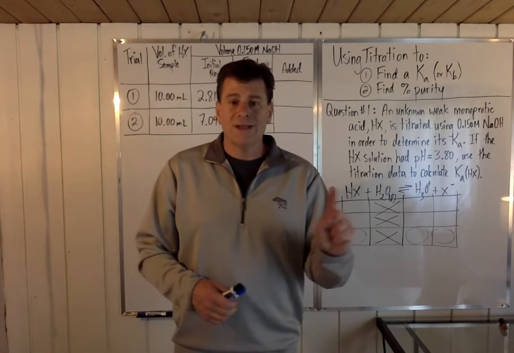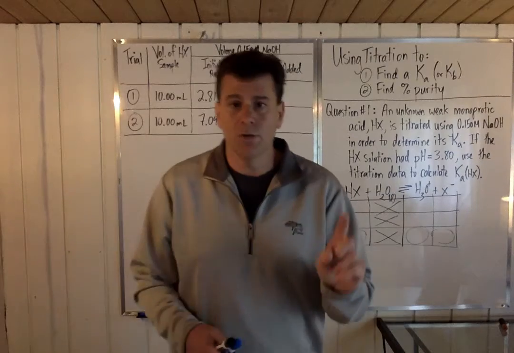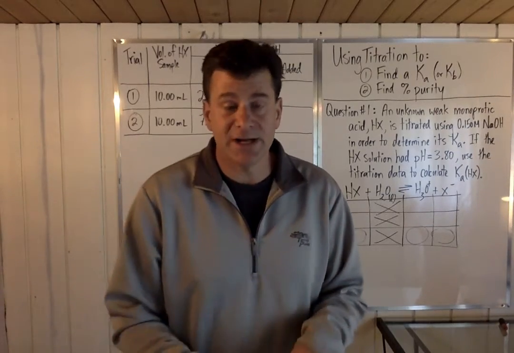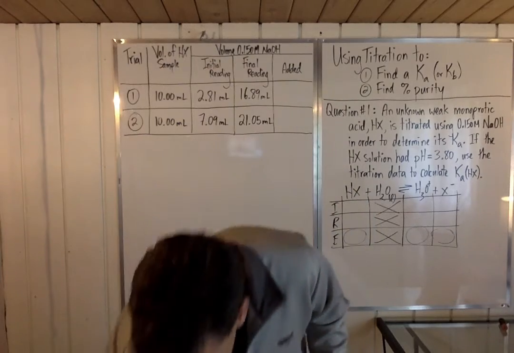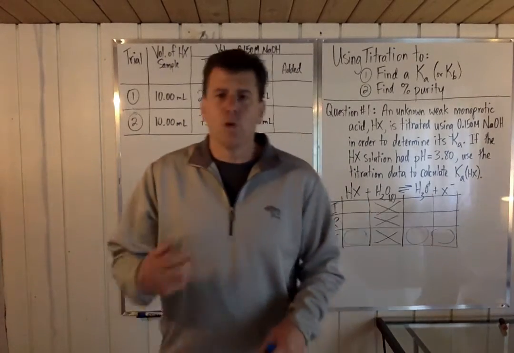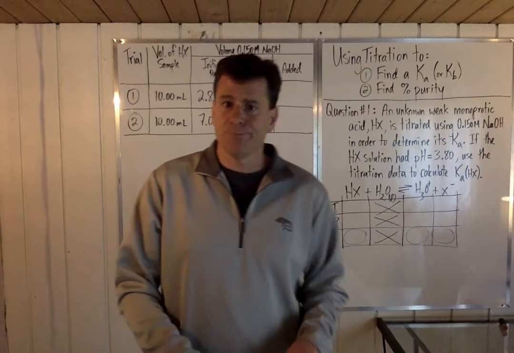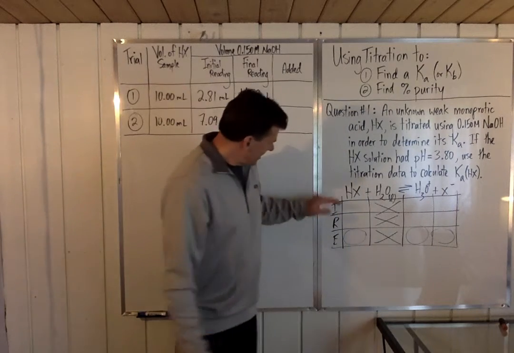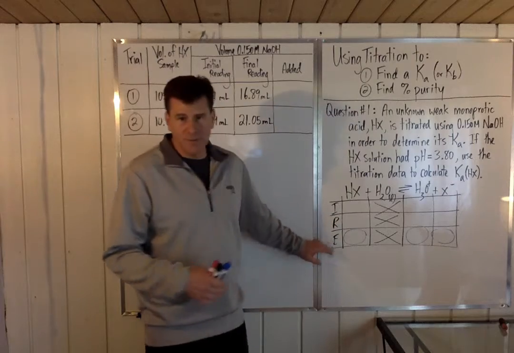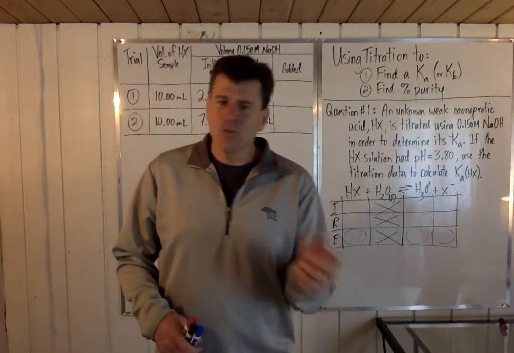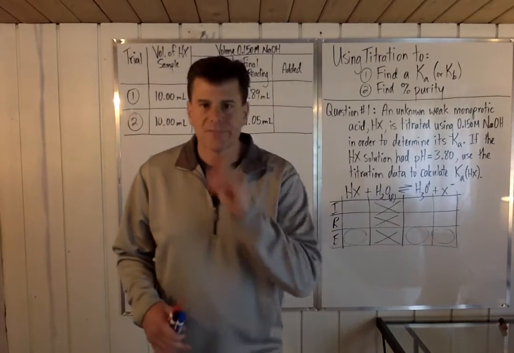So what numbers do I know already? Do I know any numbers? Now, it's kind of tricky because we always use this wording, and the wording tends to mess people up. Because an ICE table has initial, reaction or change, and equilibrium. That word initial tends to freak people out.